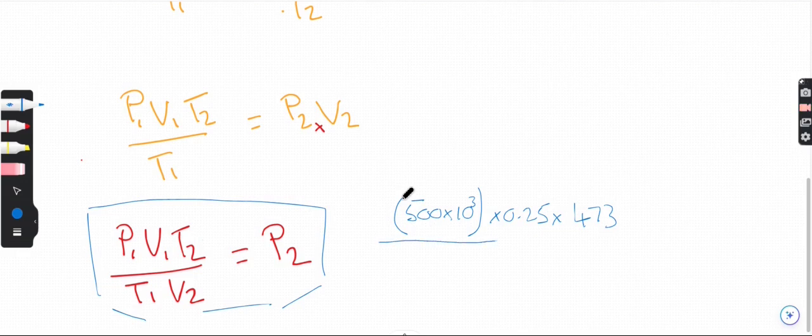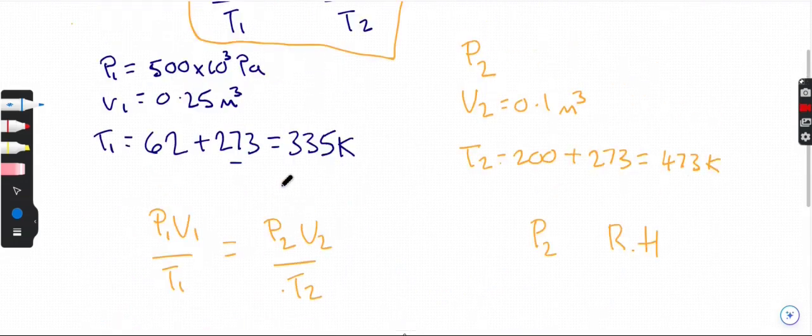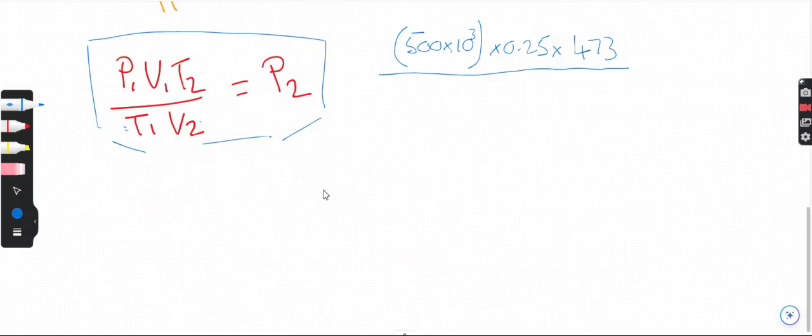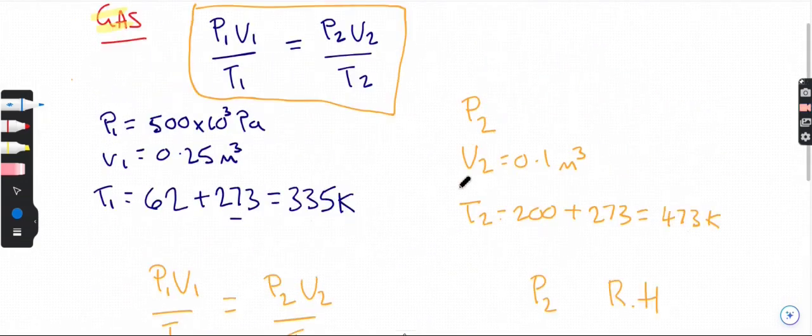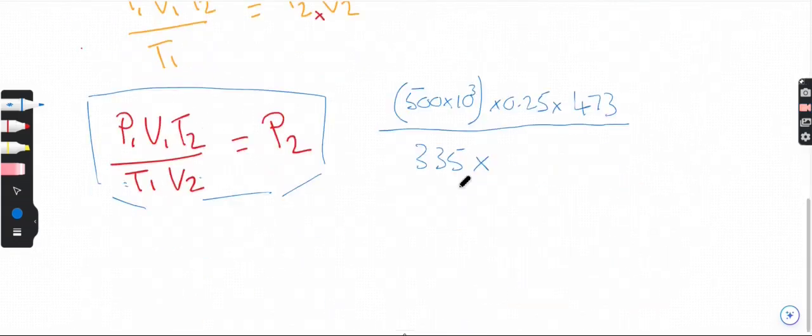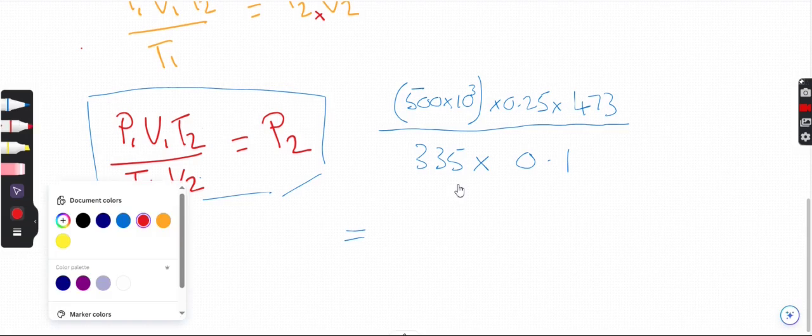That's all of that, all divided by T1 and V2. T1 was 335, times V2, which is 0.1, because we're squashing it. Put that in your calculator, and you should get an answer.